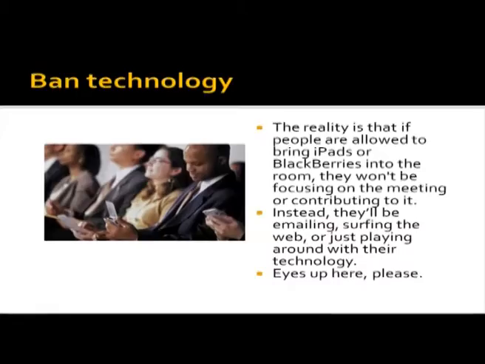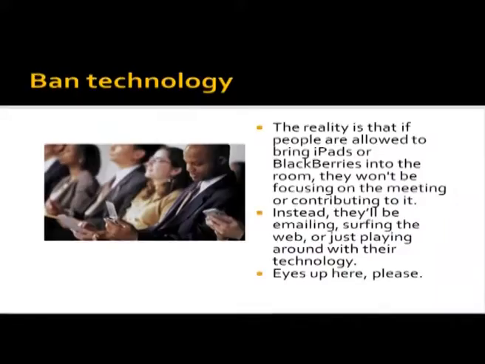From there, the next thing is to ban technology. How often have you caught people sneaking at their SMS messages, their phone, their Blackberries, their iPads to check their emails, to send messages?